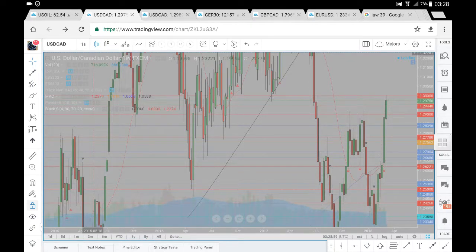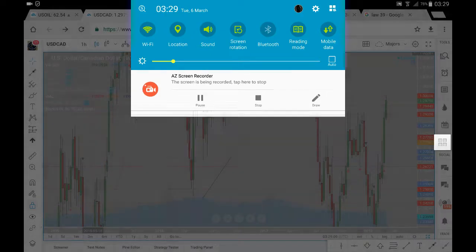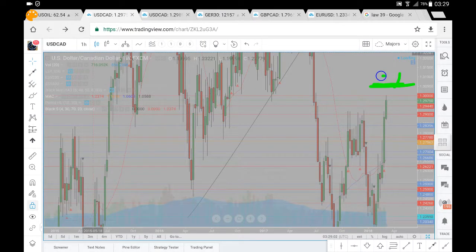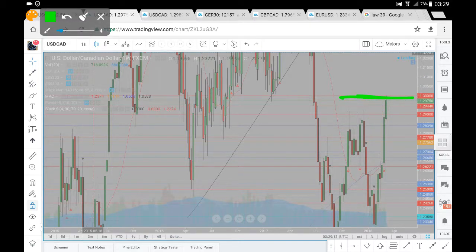But beyond 130, we are looking for prices to head towards that 130.50, beyond which we could just target the round number of 131. If we were to break above and hold above the 130, we would expect that to be where we would look. I wouldn't anticipate pricing moving beyond the 131 here on the US dollar against the Canadian dollar, unless we do have a particularly volatile day.